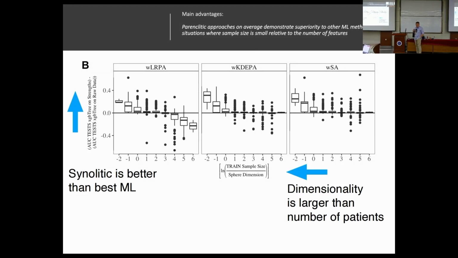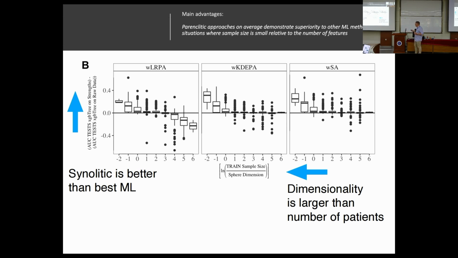Most interestingly, we have played with the ratio between the sample size and sphere dimension. In other words, we have played with the ratio between the number of data points and the dimensionality of the space we are working in.